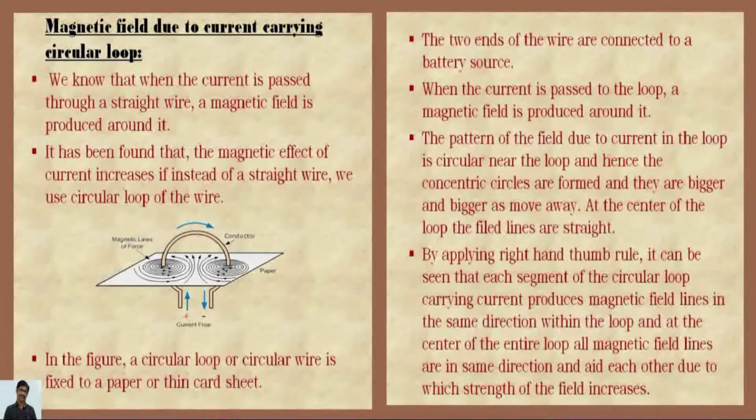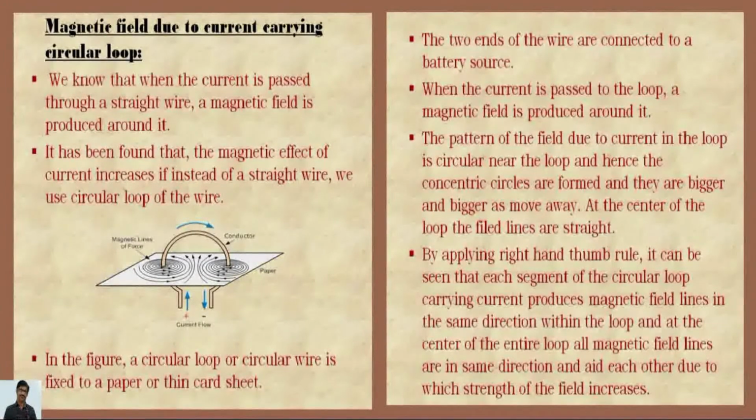Now let's apply the right hand thumb rule for this. It can be seen that each segment of the circular loop carrying current produces magnetic field lines in the same direction within the loop, and at the center of the loop, all magnetic field lines are in the same direction.